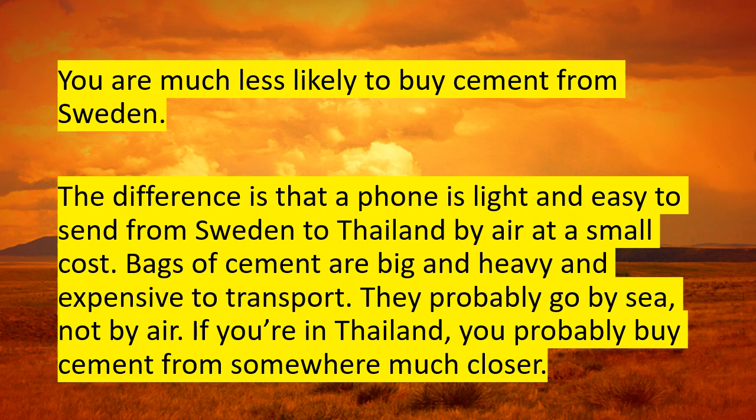You're much less likely to buy cement from Sweden. The difference is that a phone is light and easy to send from Sweden to Thailand by air at a small cost. Bags of cement are big and heavy and expensive to transport. They probably go by sea, not by air. If you're in Thailand, you probably buy cement from somewhere much closer.